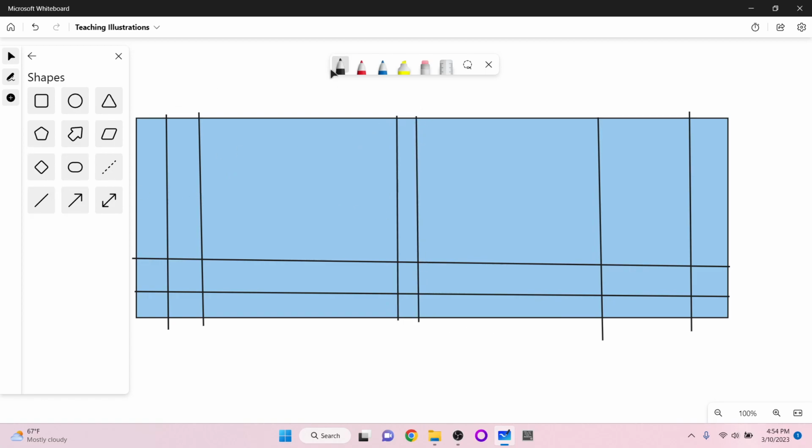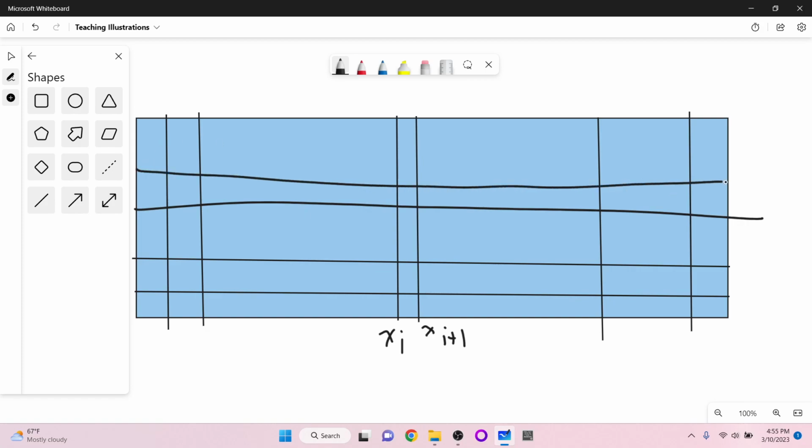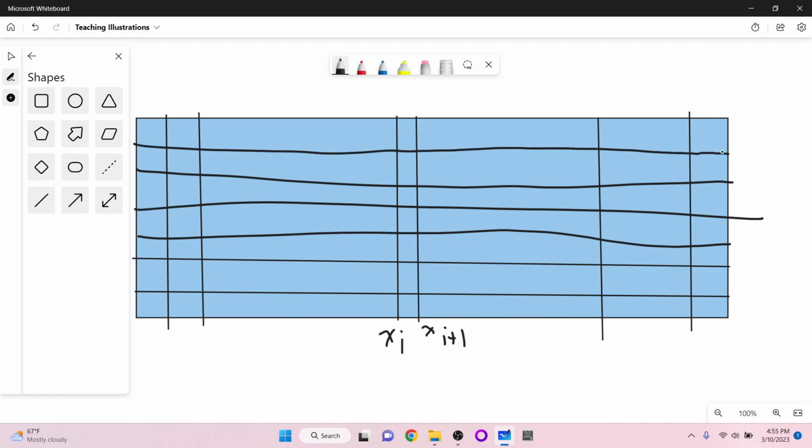This is xi, and this is xi plus 1. And the y's will go up all the way to ym. So this top thing is y sub m. This bottom one is y sub 0.